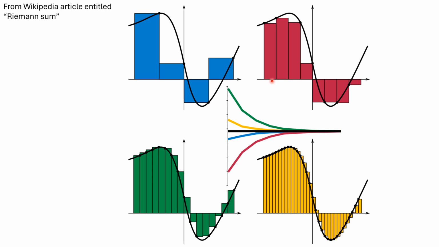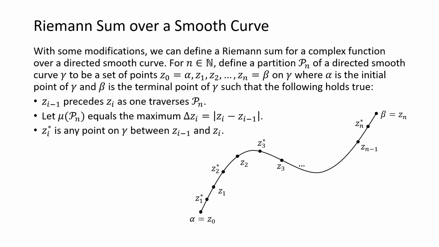Then you make the x's that we talked about in the previous slide a little bit closer together, and you get a better approximation. Then smaller yet and smaller yet. So if the limit of these various sums approaches a particular value, that gives you the area between the curve and the x-axis. So that's the idea. Now we're going to generalize that, but it's fairly similar to what we see here for the real valued functions.